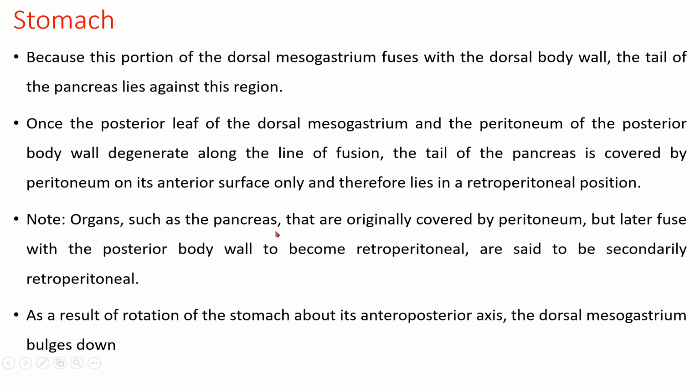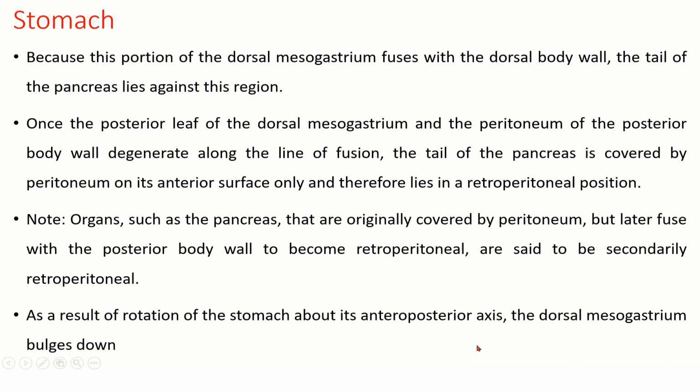Organs such as the pancreas that are originally covered by peritoneum but later fuse with the posterior body wall to become retroperitoneal are said to be secondary retroperitoneal. Whereas the kidneys are primary retroperitoneal organs because from the beginning they lie behind the peritoneum. But the pancreas, which developed in the dorsal mesoduodenum and was covered by peritoneum on both sides, has now become retroperitoneal, so it is secondary retroperitoneal.